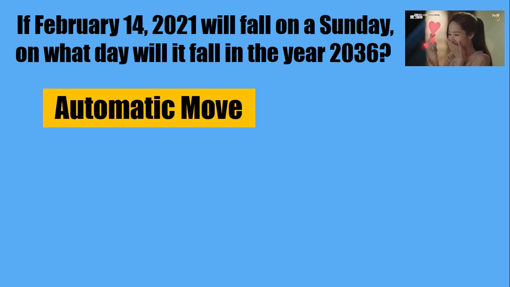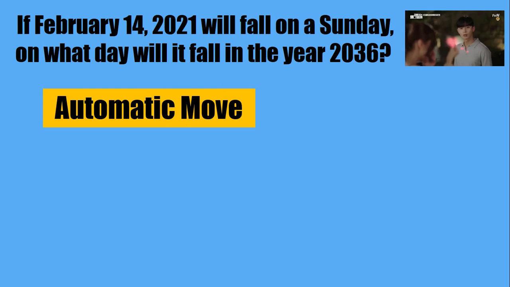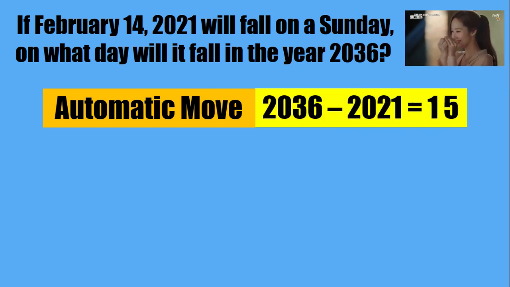The automatic move is based on the interval from 2021 to 2036. So all we need to do is subtract: 2036 minus 2021, the answer here is 15. So there are 15 moves.